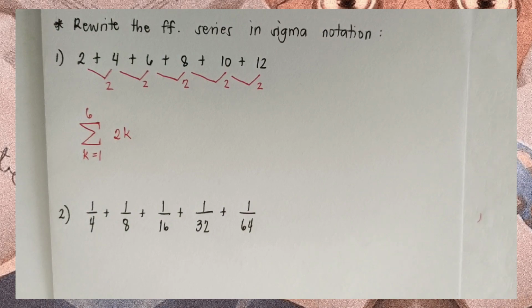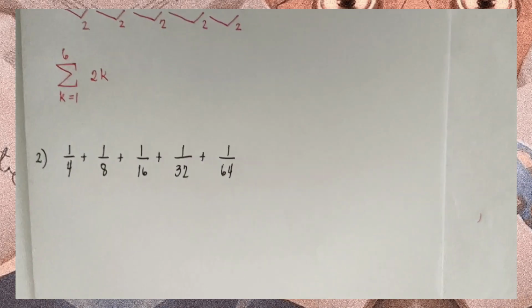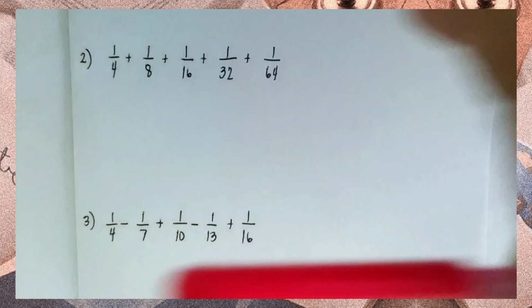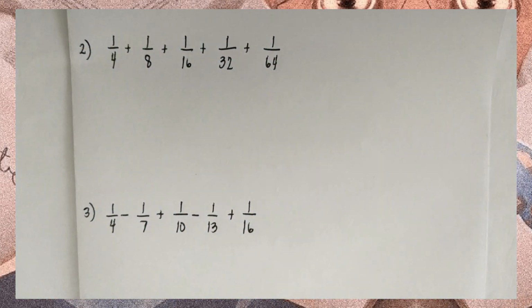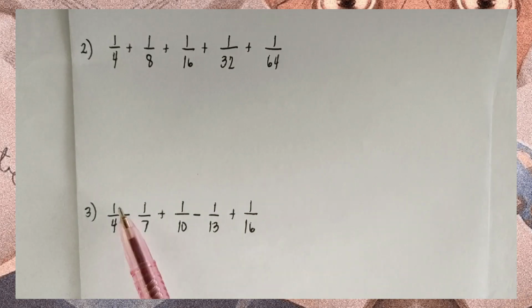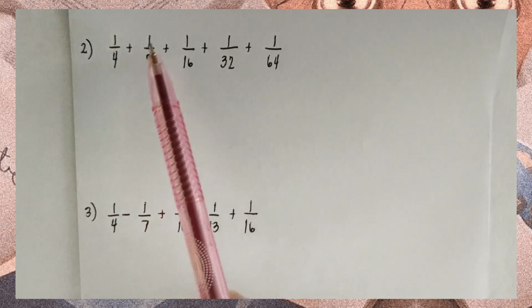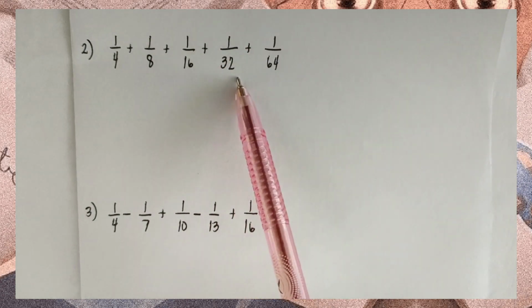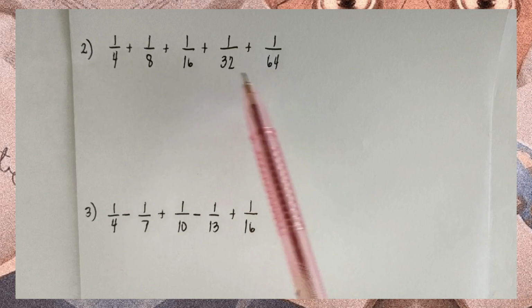Alright, let's proceed with number 2. Since all the numerators are 1, let us only focus on the denominator. 1/4 plus 1/8 plus 1 over 16 plus 1 over 32 plus 1 over 64.